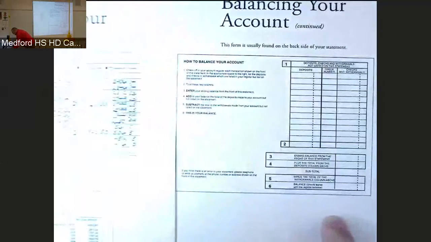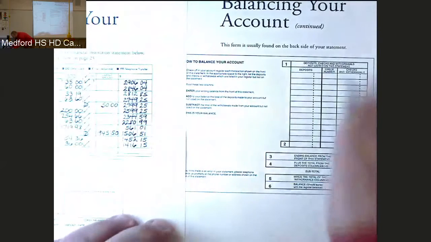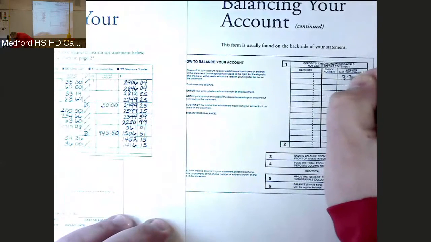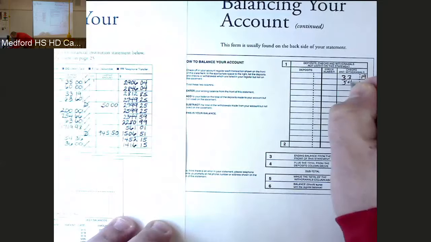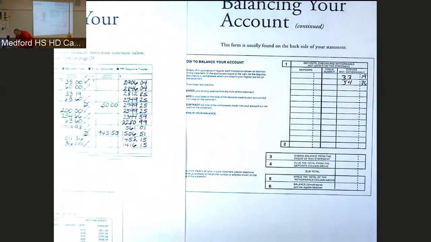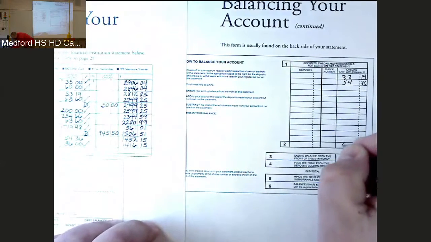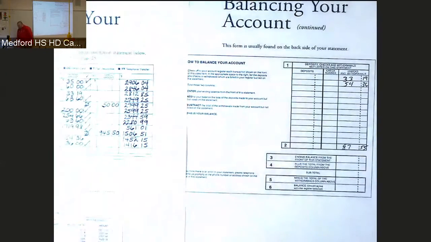The two outstanding withdrawals were one for $33.19 and another one for $54.36. We add those two amounts up, and it comes to a total of $87.55.